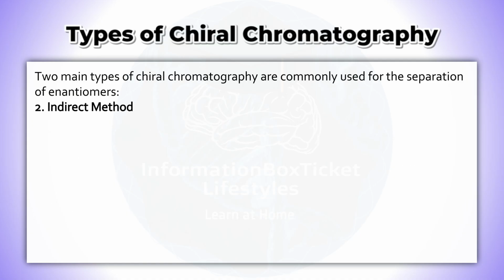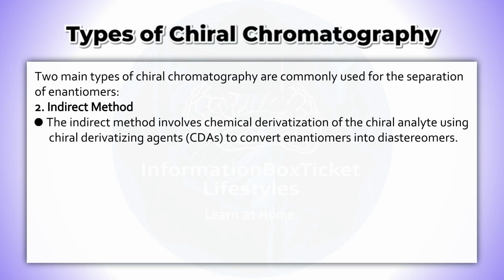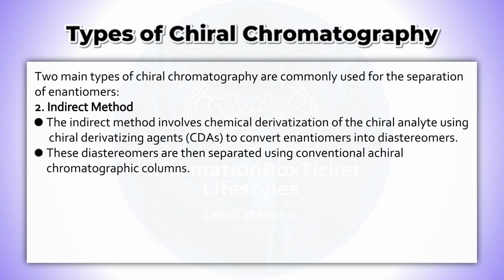2. Indirect method. The indirect method involves chemical derivatization of the chiral analyte using chiral derivatizing agents, CDAs, to convert enantiomers into diastereomers. These diastereomers are then separated using conventional chromatographic columns.